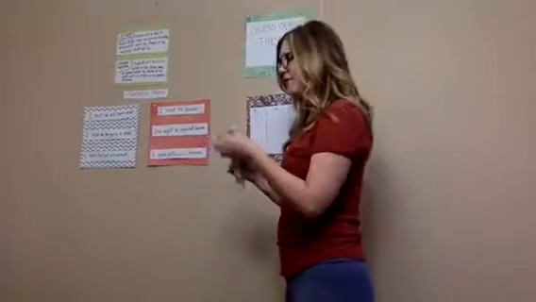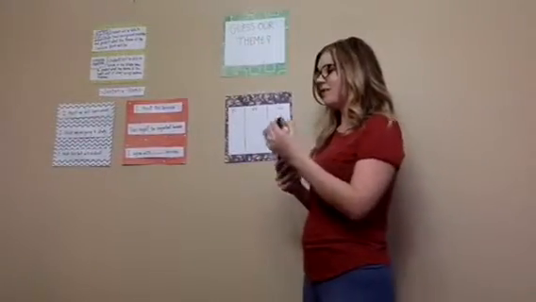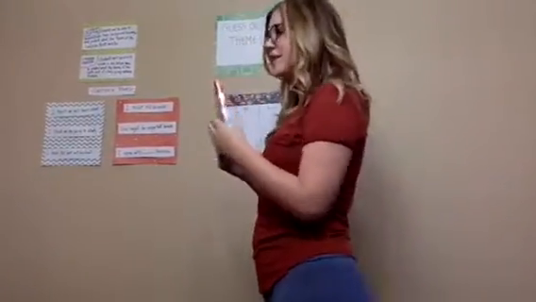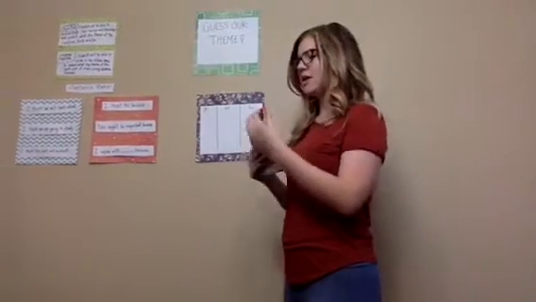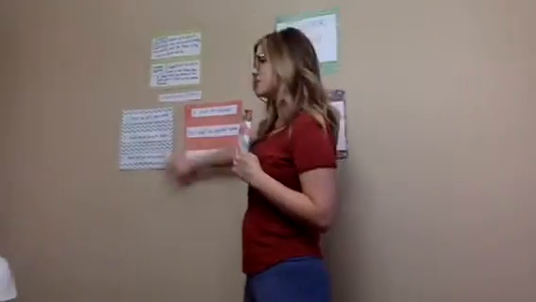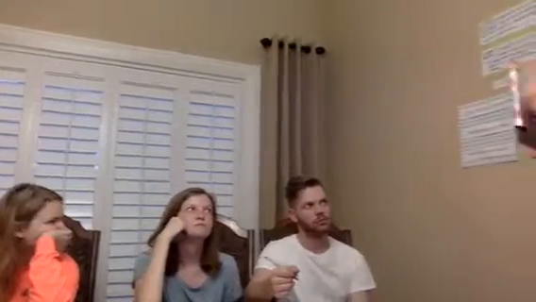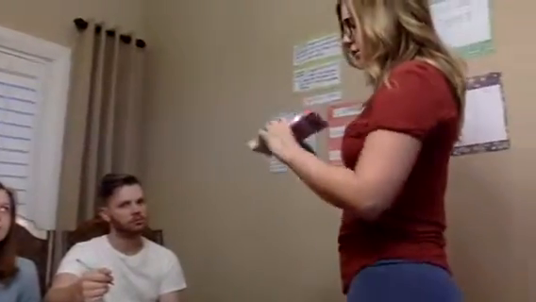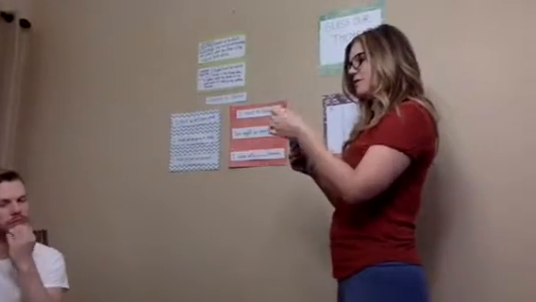Every time we rip off a little piece of the wrapping paper, the cover will help us guess or predict what the theme might be, okay? So every time we rip off a little piece, we are going to use our sentence stems on the wall and write on our papers using these sentence stems to help us guess what the theme of our book might be, okay? So at first it's going to be a little difficult for us to guess what it is just based on this little corner.